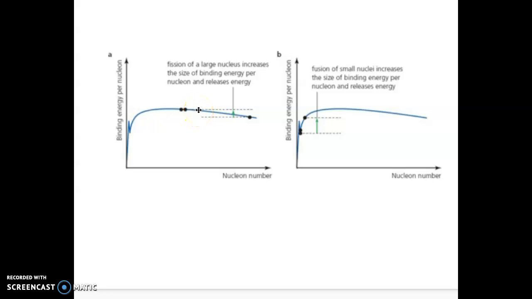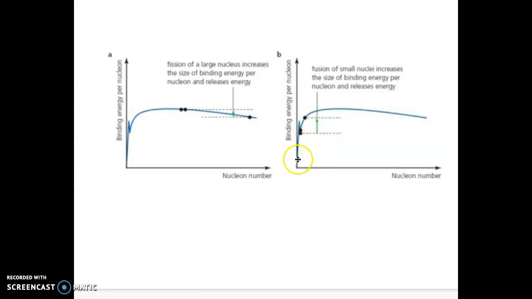Now, this you know from what we did on nuclear reactions in the previous section. So fission causes your atoms to go up the graph to become more stable. And then fusion of small nuclei, you might have your small nuclei here. As they bind together and as fusion happens, they climb up.